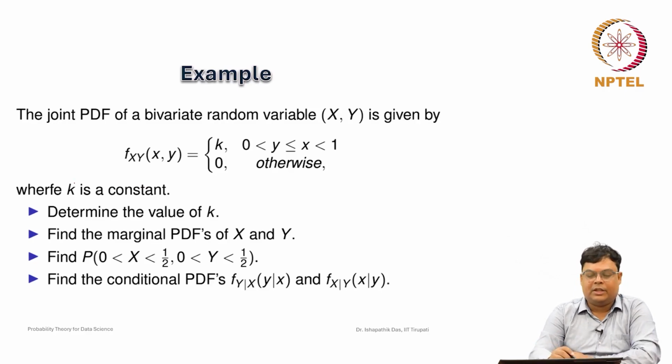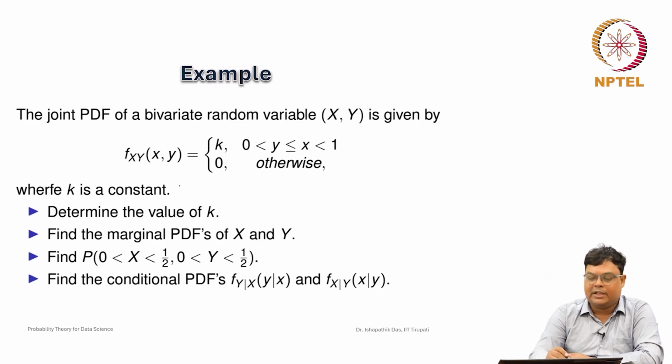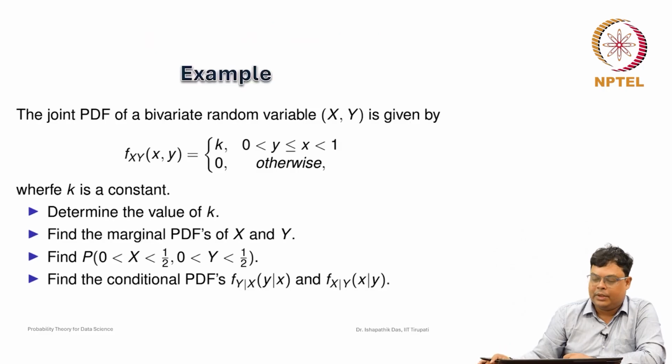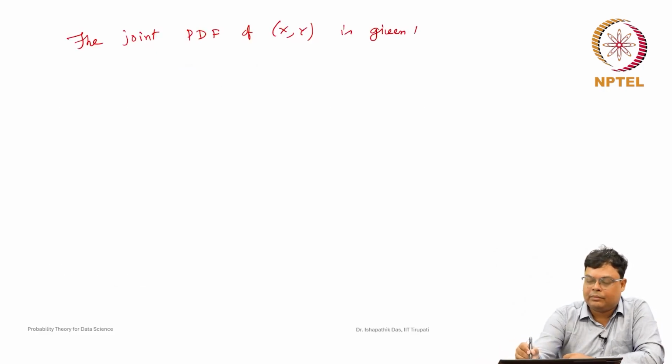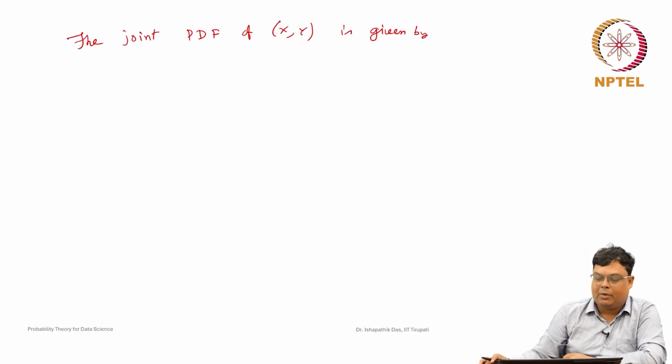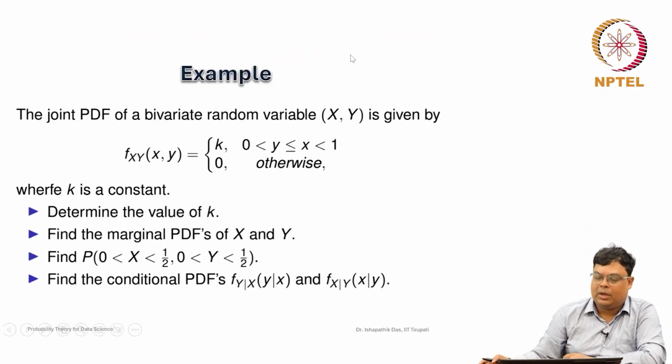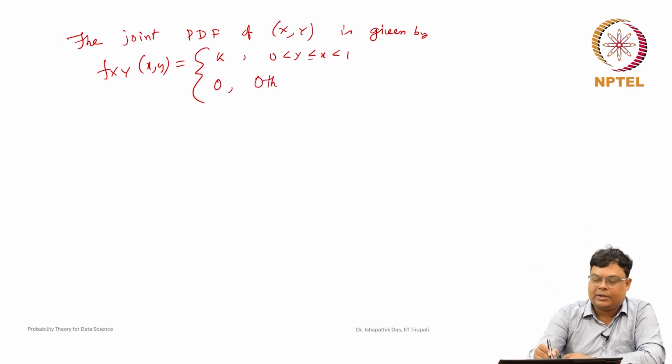In this example, the joint probability density function of a continuous bivariate random variable (X, Y) is given by f_XY(x, y) equal to some constant k whenever 0 < y ≤ x < 1, and this is equal to 0 otherwise.